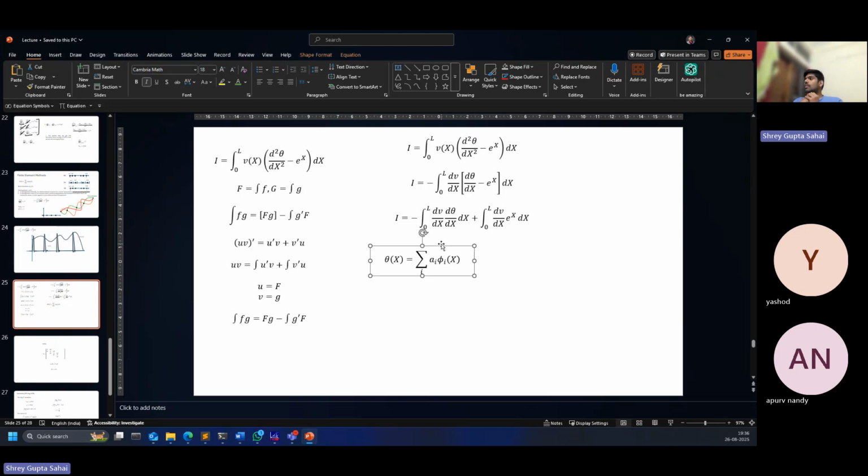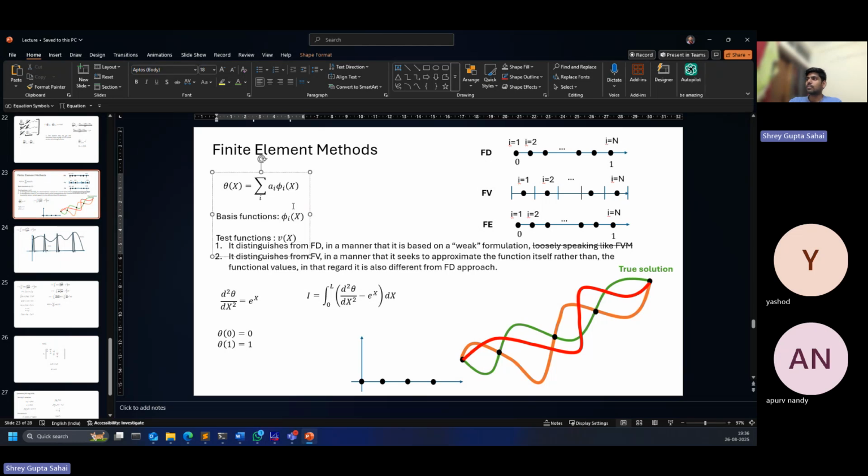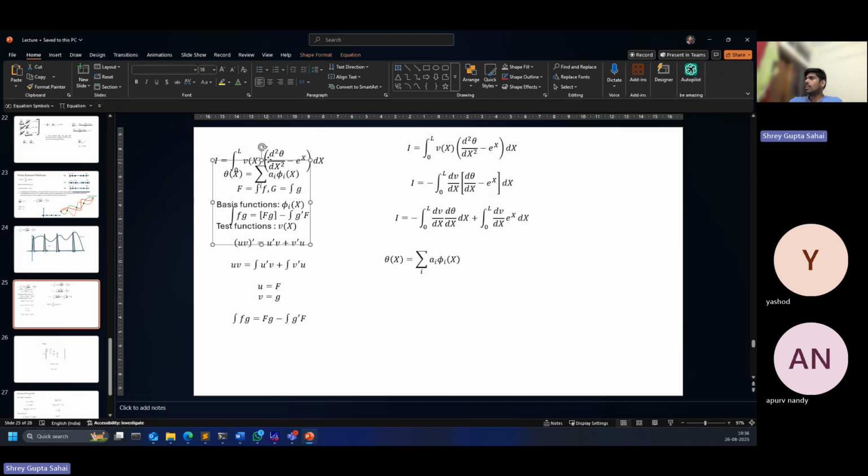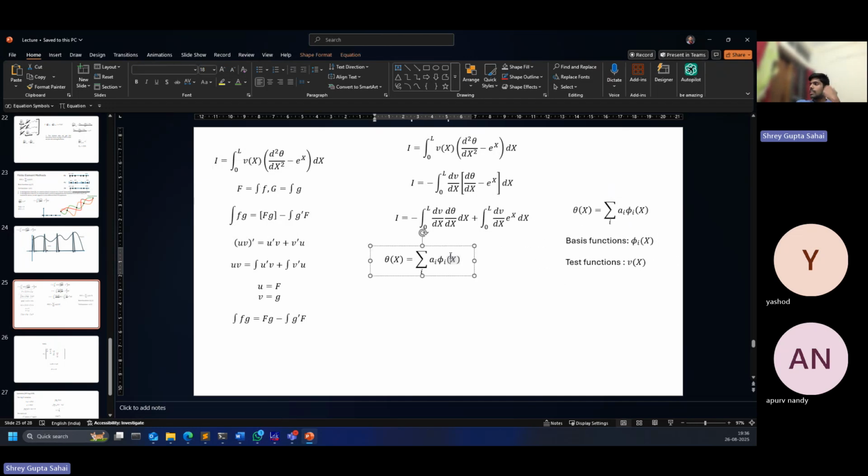The problem has gone a little more complex, more abstract, in the sense that now we need to fix our phi's and also our v of x, our test function and basis function. The problem has gone from a little difficult to very difficult. How are we going to get a solution out of this?